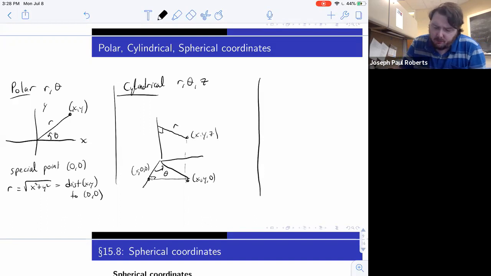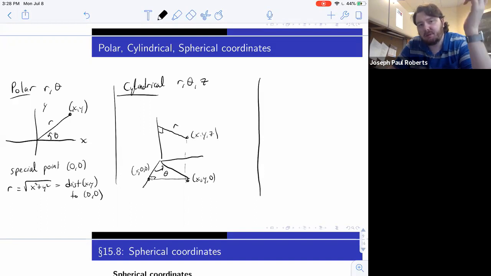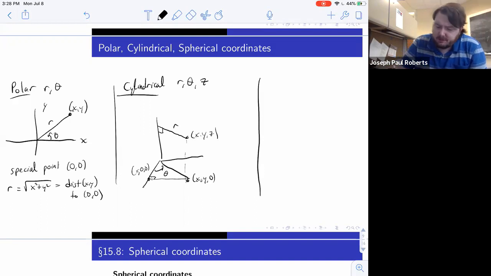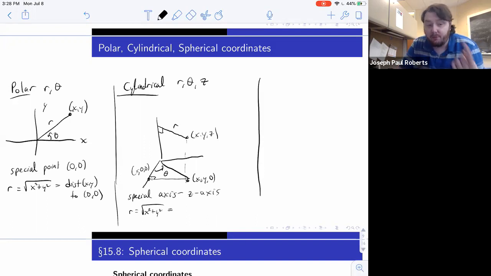But anyway, if you want to think about cylindrical coordinates, we don't really have a special point anymore. It's instead a special axis. So there's a special axis, which is the z-axis. And r is the square root of x squared plus y squared. So in R3, that doesn't represent distance to a point.